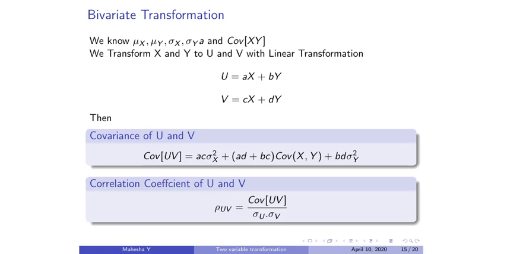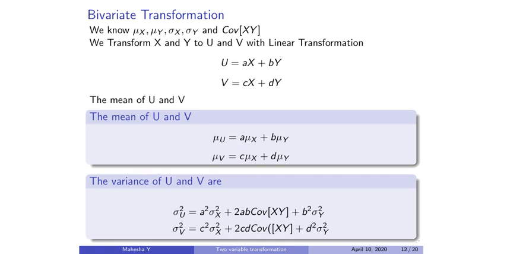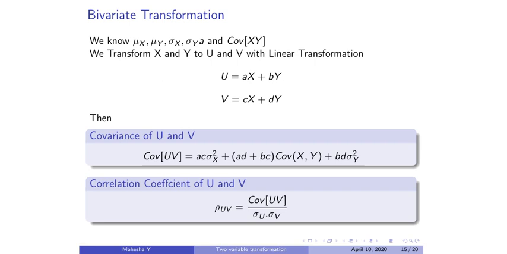Then the correlation coefficient is easy, rho UV will be covariance of UV divided by sigma U into sigma V. So we know the expression for all these terms, covariance, sigma, mu, everything we have derived. So overall this is our summary. Mu u is equal to a mu x plus b mu y, mu v is equal to c mu x plus d mu y, and the expressions for sigma u square and sigma v square, as well as the expressions for covariance and correlation coefficient.